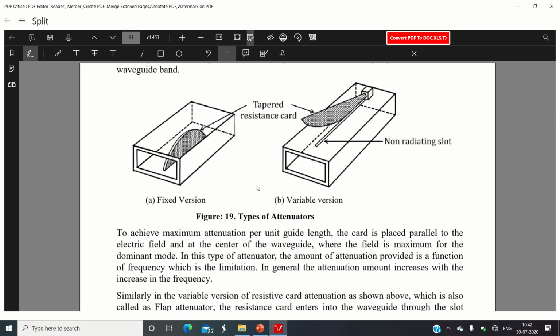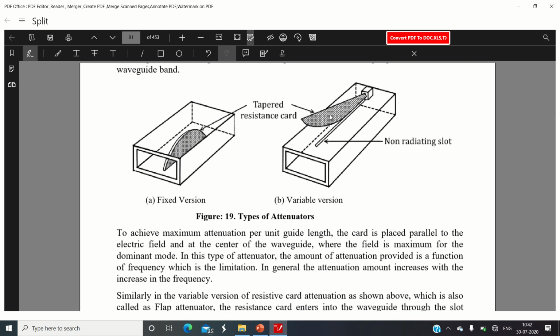On the other hand, if we want to have variable attenuation, let us say the signal which is going through this particular phase, we want to attenuate by a certain variable amount, 1 dB, 2 dB, 3 dB. So depending on the attenuation required, what you need to do is press this tapered resistance card.